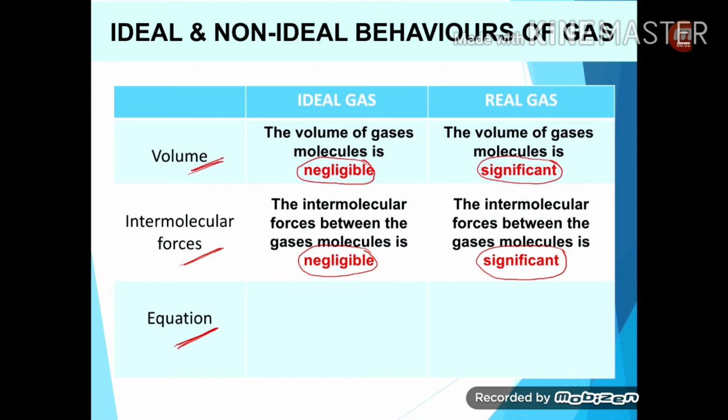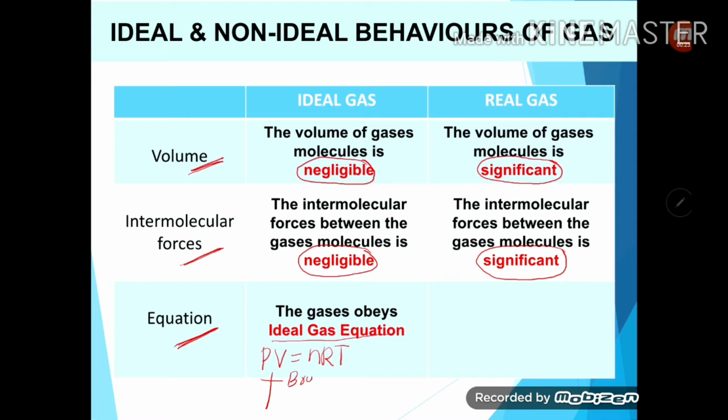How about equation? So, ideal gas obeys the ideal gas equation, which is PV equals nRT. And this formula is derived from a combination of Boyle's law, Charles' law, and the other one is Avogadro's law.